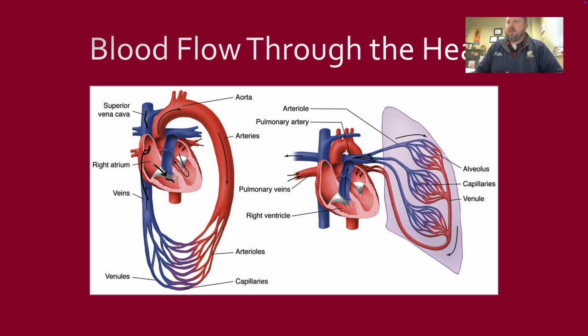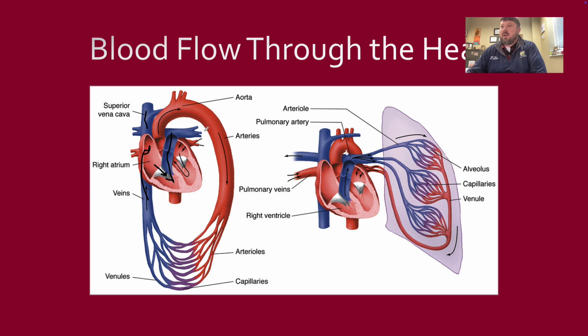The right ventricle will then push blood into the pulmonary artery by way of the pulmonic valve. The pulmonary artery will deliver deoxygenated blood to the alveolar capillary walls or beds of the lungs, where oxygen transfer will occur.